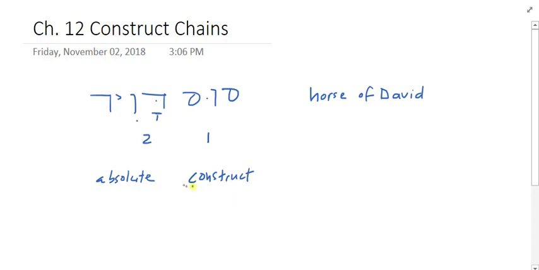When people use the terms construct and absolute for thing 1 and thing 2, then what they form is a construct chain. Okay, and I'm going to abbreviate construct CST. So this forms a construct chain. Sometimes you will hear people describe thing 1 as the head noun. Okay? And thing 2 would be the genitive noun.